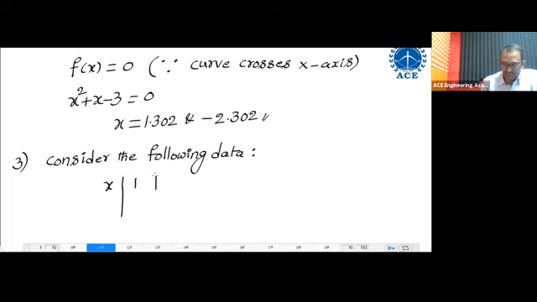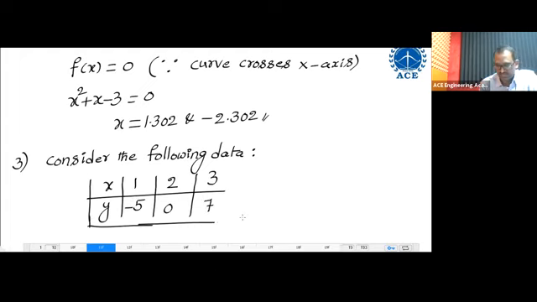X values 1, 2, 3. Y values minus 5, 0, 7.